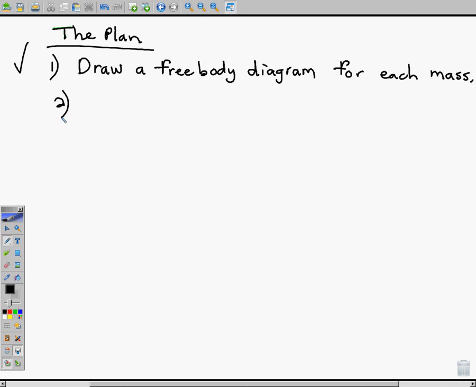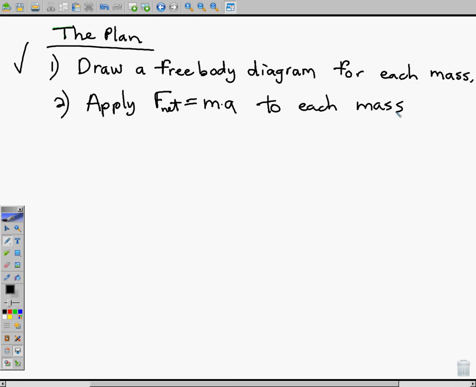Step 2, we're going to apply law number 2 from a man named Newton. So apply F net equals M times A to each mass. And when we do that, we have to make it crystal clear which way is the positive direction.